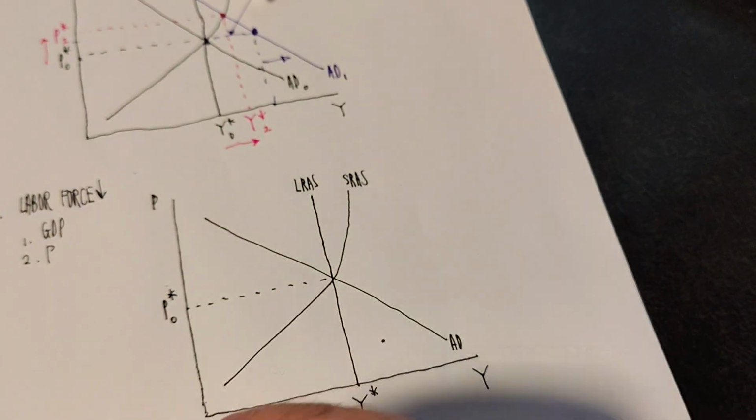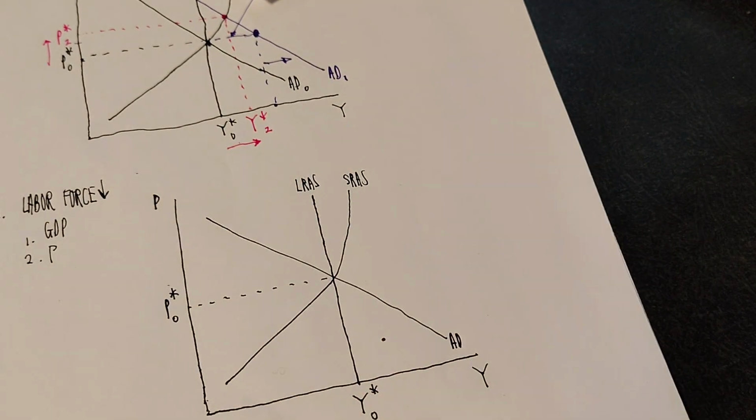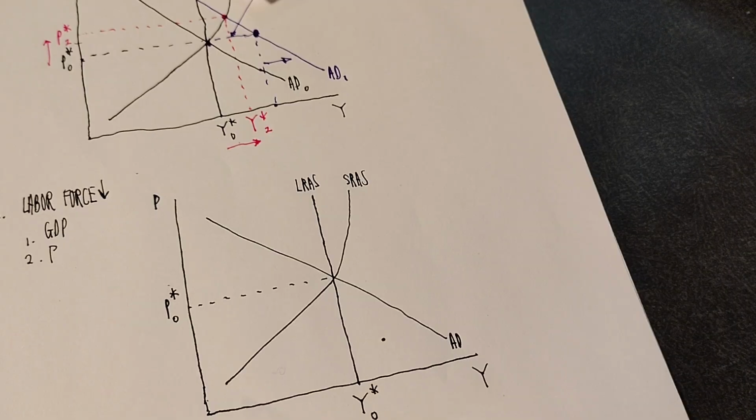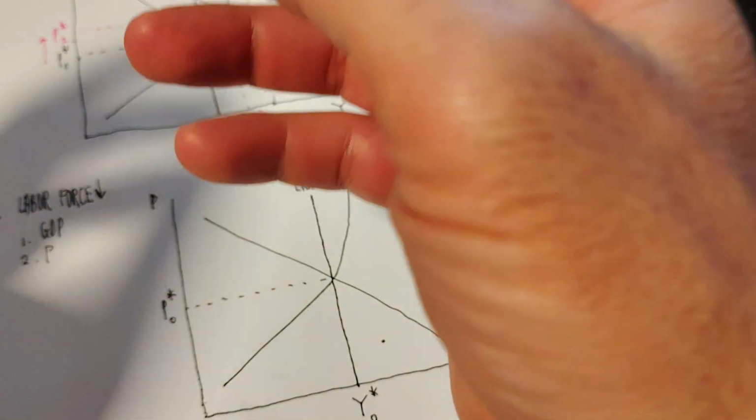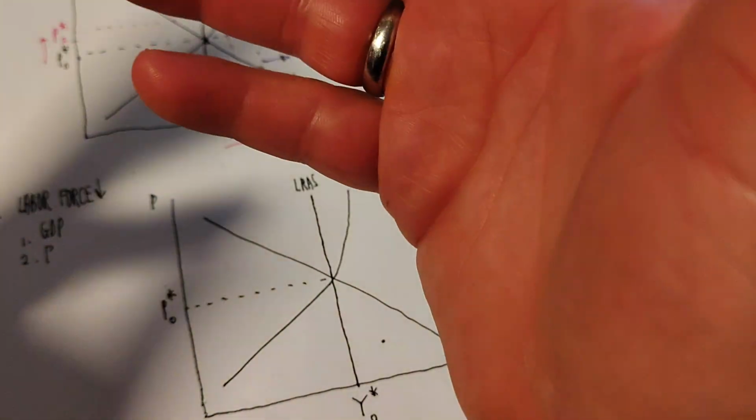Now we have to really think about this, and without any other information, we have to determine, is this going to be a long-run change or a short-run change? Changes in the labor force are going to take something pretty big, like a war or a pandemic, something that's going to have a pretty permanent impact on the economy's potential ability to produce output.